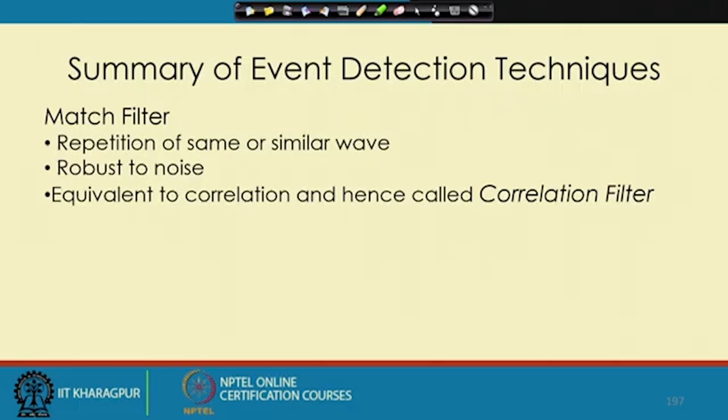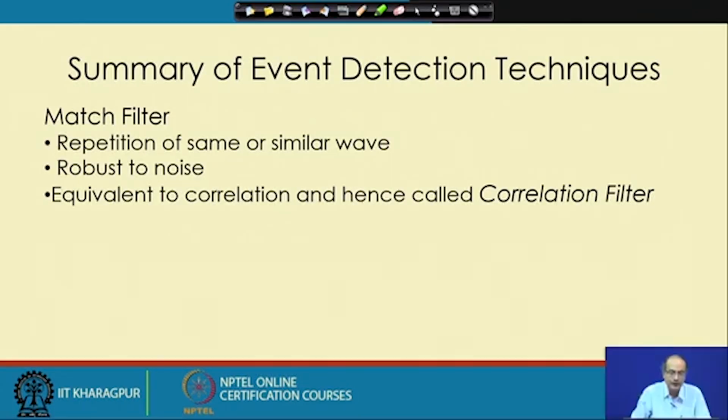All the other techniques, that is autocorrelation or cross correlation coefficient, cross spectral density and match filter, are robust to noise. And there is one more thing: the match filter is a different way of performing the same thing, it is equivalent to the correlation, and hence it is also called a correlation filter.